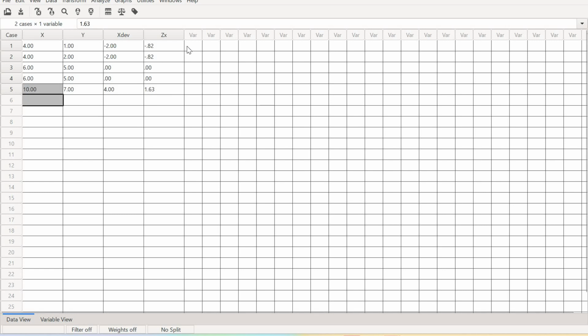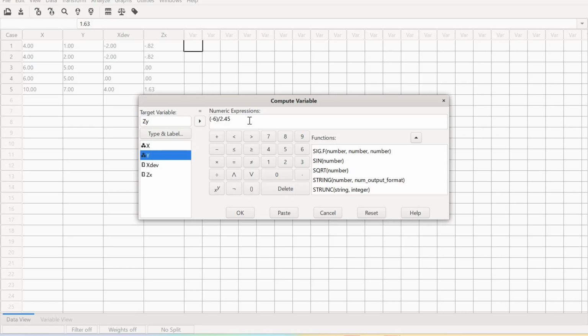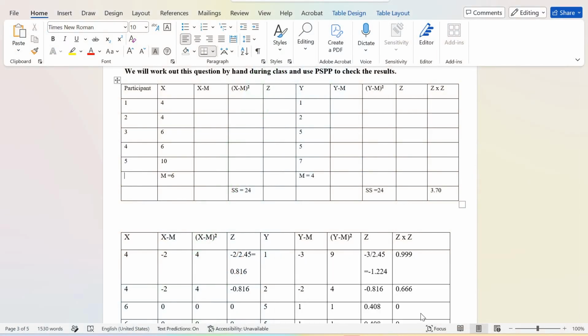For x, now I can get the z-score for y. Z-score for y, just replace x with y. The mean changes. Where's the mean?